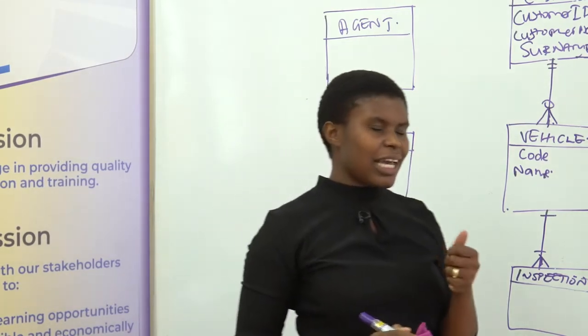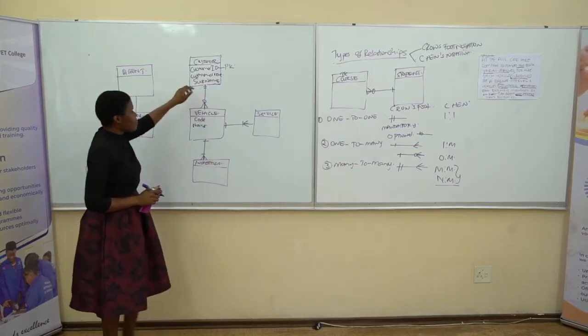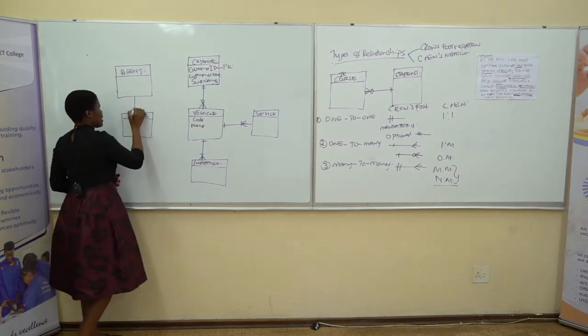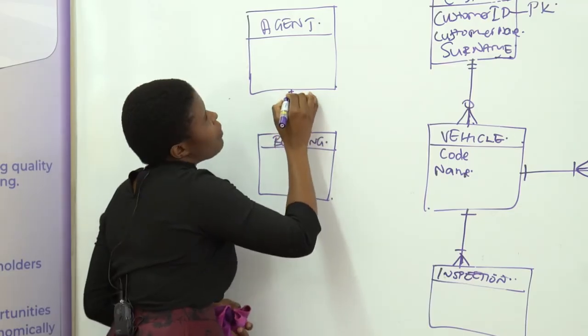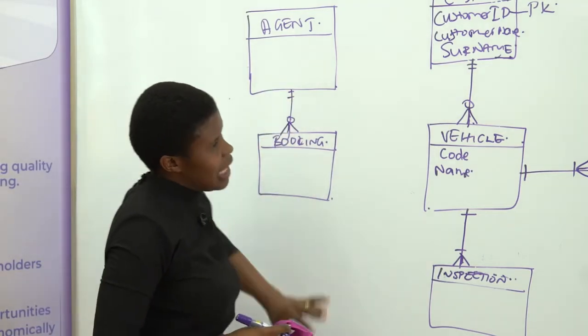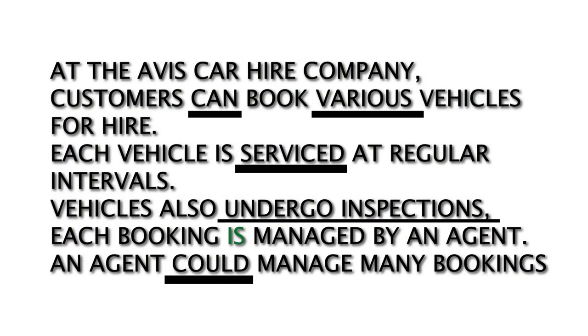And an agent can or cannot make a booking because a customer can or cannot book or hire a car. So this is also one-to-many. So what does the agent do? He can make bookings and manage many bookings.